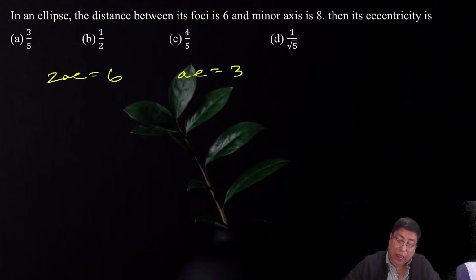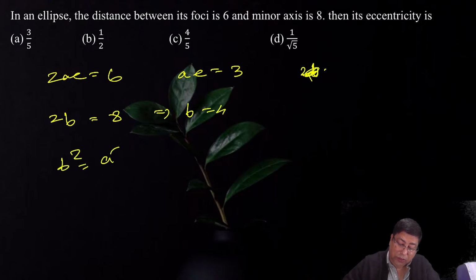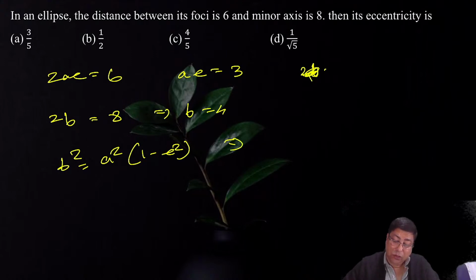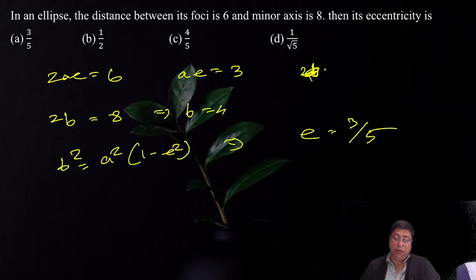Again given that 2B equal to 8 and B equal to 4. So B square equal to A square into 1 minus E square. Eccentricity we have to find, so E equal to 3 by 5 directly. E square equal to 1 minus B square by A square and E equal to 3 by 5.